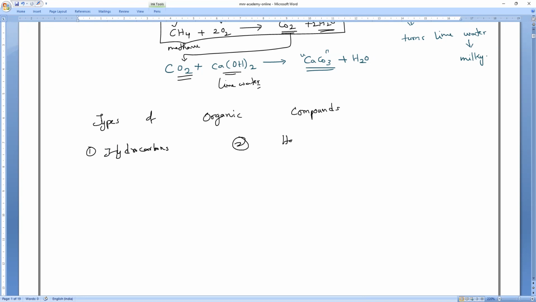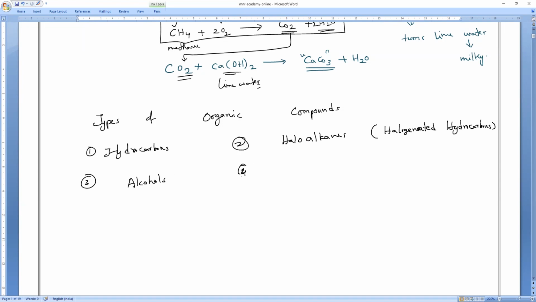Second one is haloalkanes, which are actually halogenated hydrocarbons. Third one is alcohols. Of course, they are all functional groups.